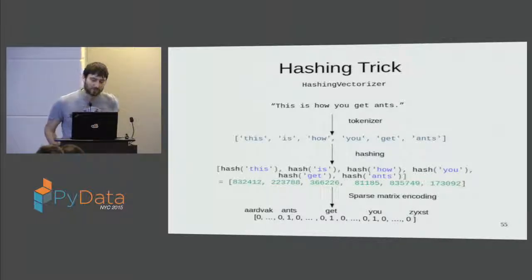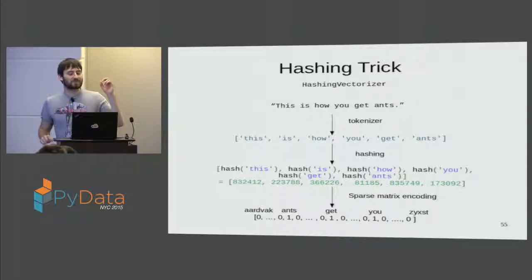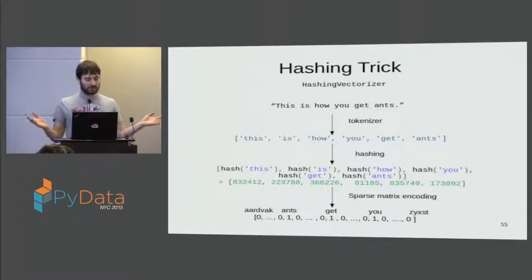The other issue is that you can have collisions. So two words that are not actually the same could hash to the same value, because you said there can only be 10 to the 20 many different tokens. First, 10 to the 20 is a very large number. Second, most words are very, very rare, and they don't matter for your task. So if two words collide, it's very likely that they don't matter, and so you don't care.